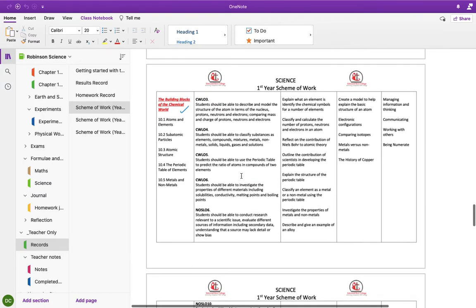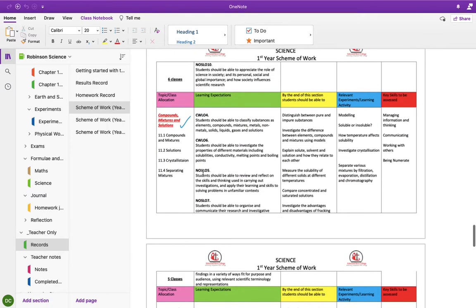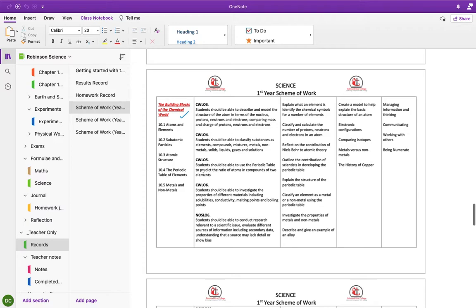That was solubility. We did, back here in chapter 10, which would have been at the end of first year, so lockdown last year, work on atoms and elements and subatomic particles.